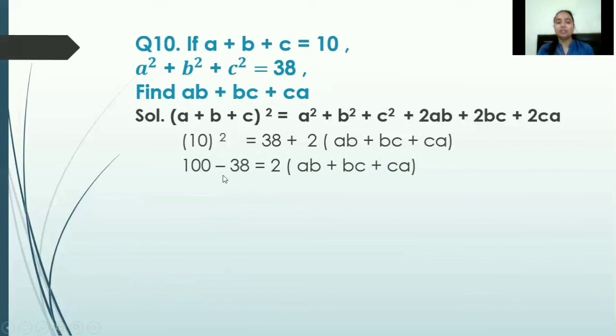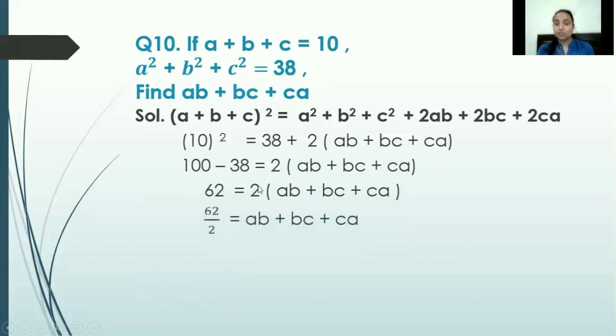It will change its operation and go in subtraction on the other side. So 100 minus 38 equals 2 times this. Now it is just a part of calculation. 62. This 2 is as it is. This 2 here is a product, right? So changing the side, changing the operation, division.